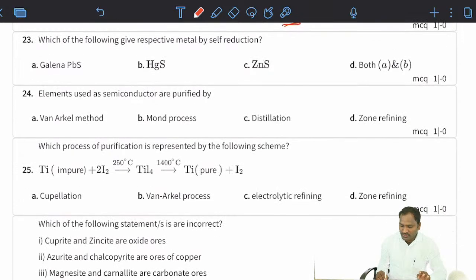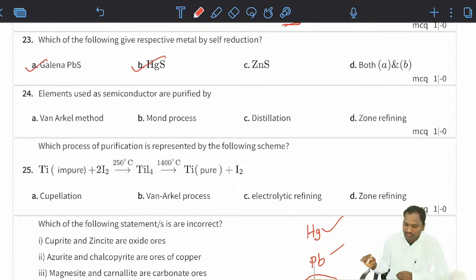I'll give the list of those elements: mercury, lead, copper, etc. These mainly undergo self reduction. In the NCERT, copper they have given, but not only copper, mercury and lead also undergo self reduction. So option is lead sulfide, mercuric sulfide, both A and B. D is the correct option.